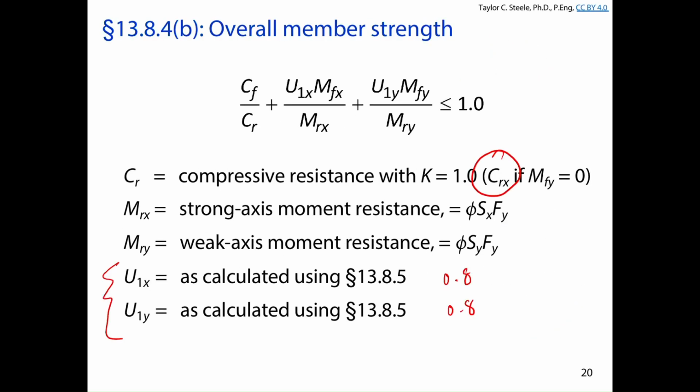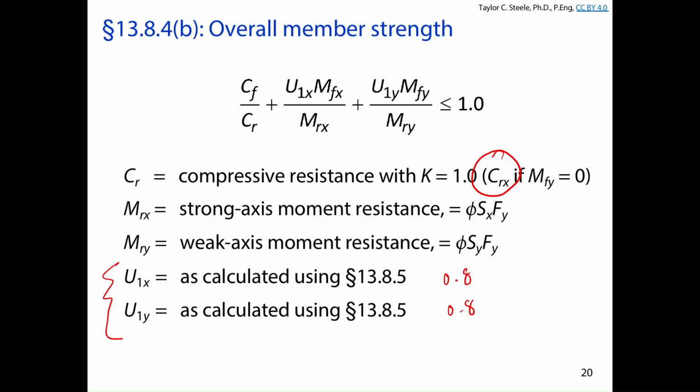but because it's possible here, if you were reading this standard and you said, okay, I'm going to check my member as a beam column, if CF is 0, and I don't actually have any compression acting on the beam column, I just have strong axis bending only, or maybe weak axis bending only, or maybe I've got strong and weak axis bending.